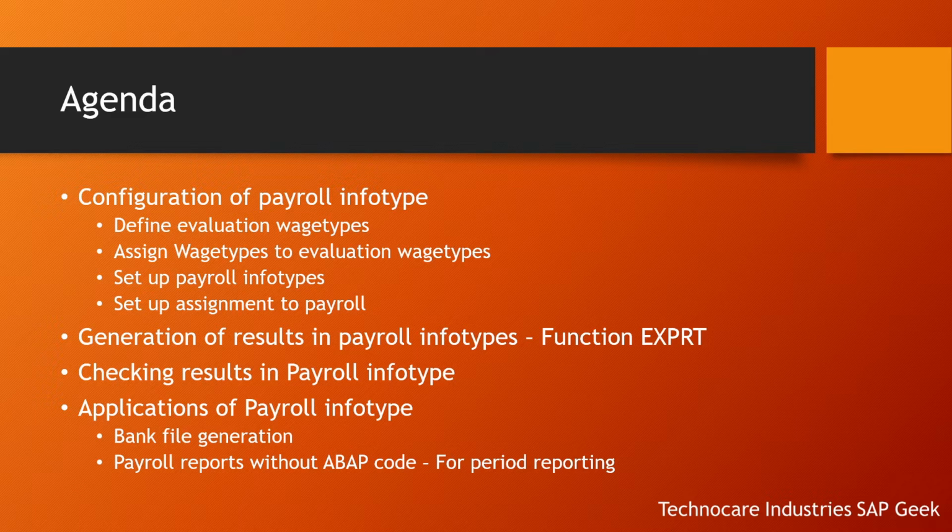For a particular month, payroll was executed in the actual run, and then in 3 consecutive months a retro was triggered, so there are, let's say, 4 results for that particular for-period. Whatever is the latest result for that period, only that will be available in the payroll infotype.